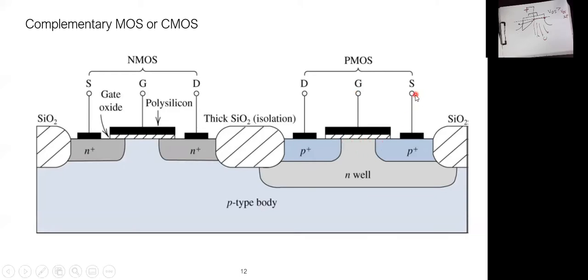And you are requested now to put a negative voltage on the drain so that you can attract holes from the source to the drain. So now source is positive and drain is negative. That's why holes are attracted from the source to the drain. So this is the other type, or what we call the P-channel MOSFET.